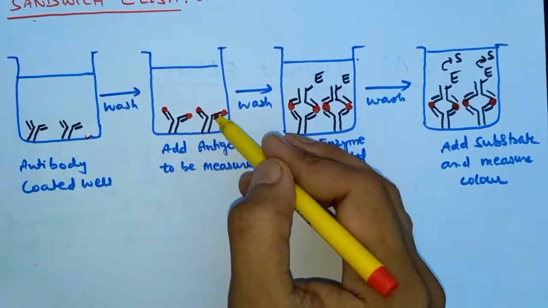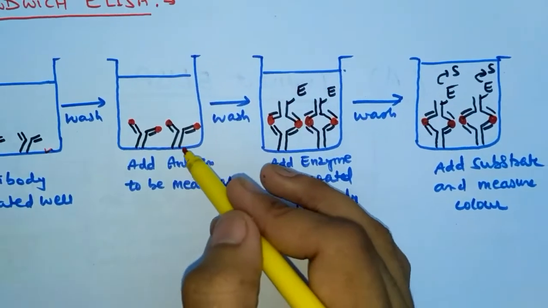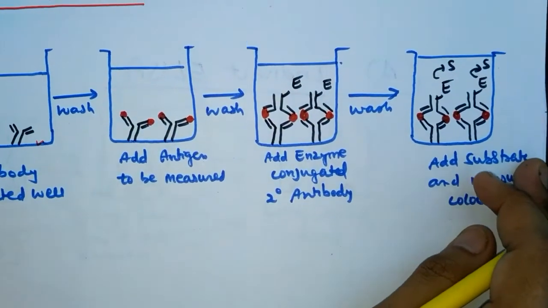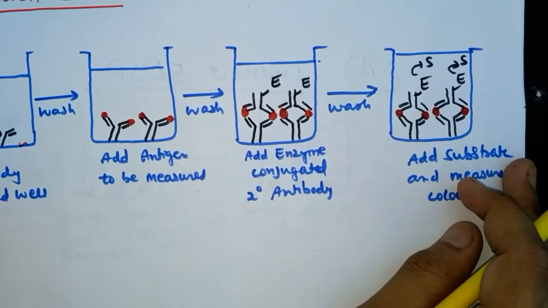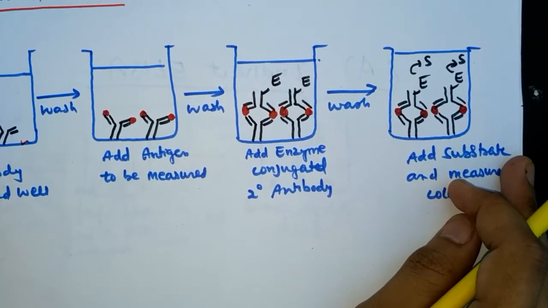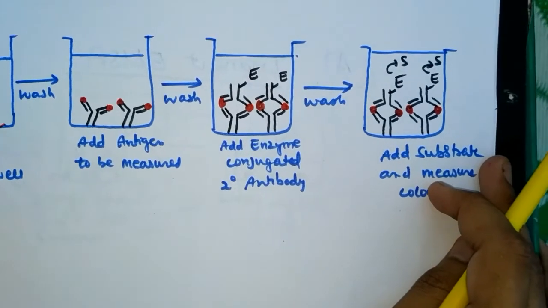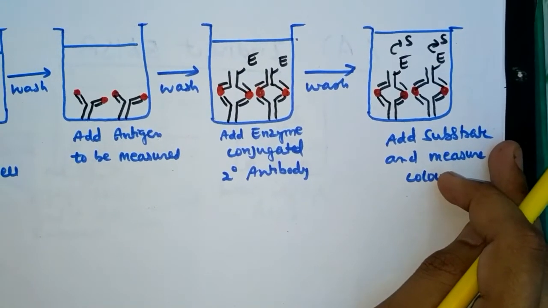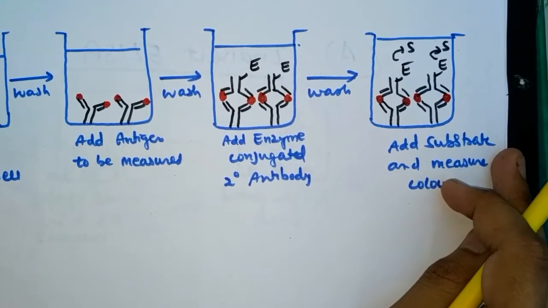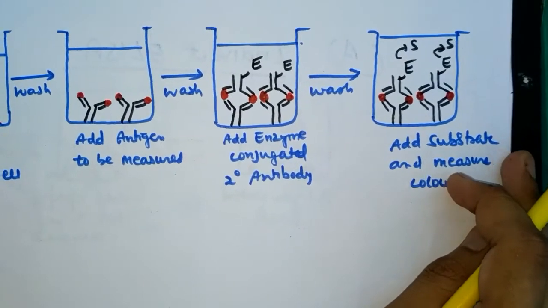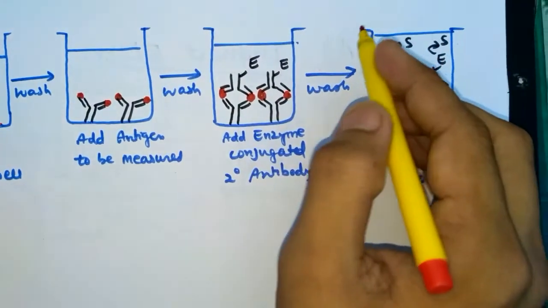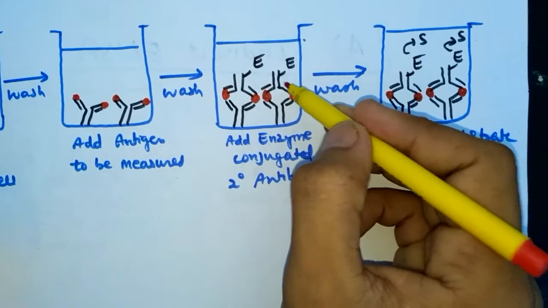Upon addition, cross-linking occurs and an antigen and antibody complex is formed. Then we wash out the unbound antigen. Then we add secondary antibody that is enzyme linked, and here a sandwich like structure is produced. Hence its name is sandwich ELISA.